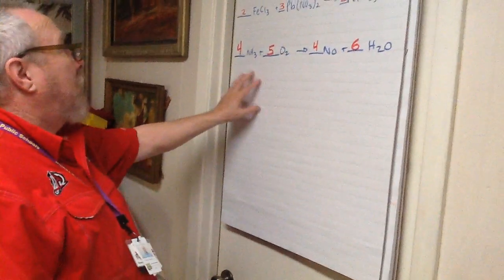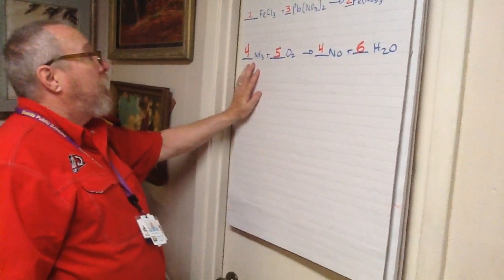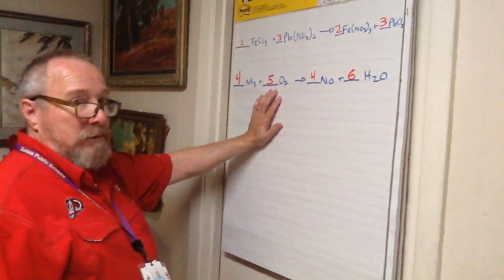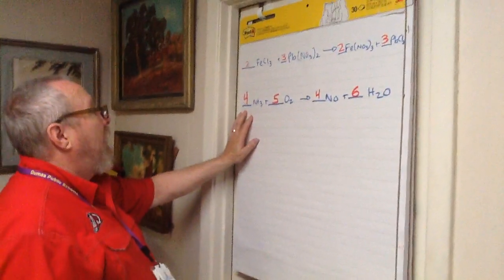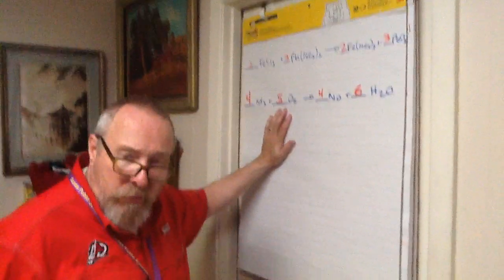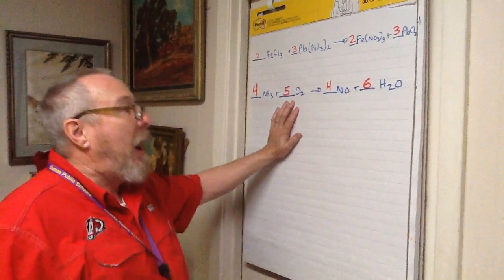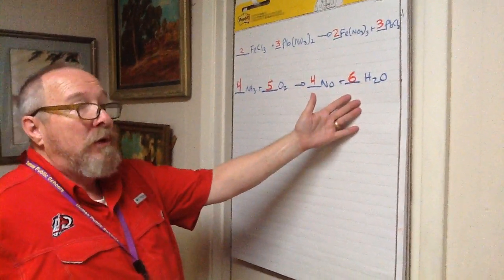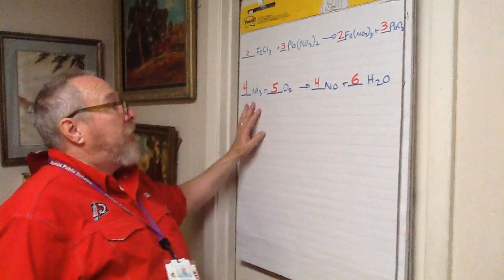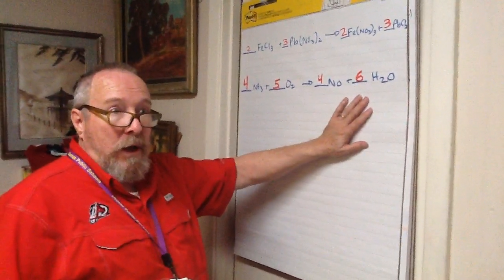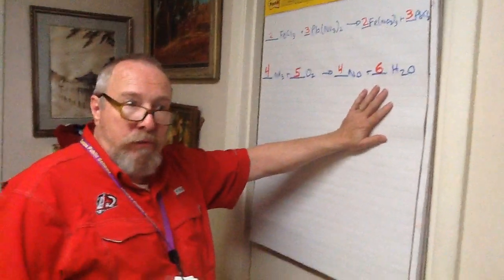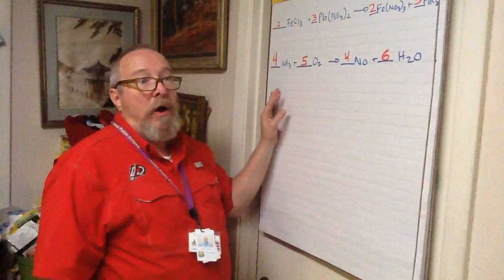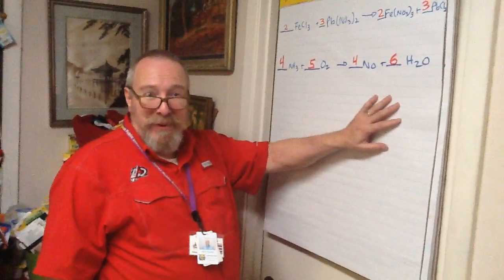So like I say, next time, what would happen if I added more ammonia? If I had 5 moles of ammonia reacting with 5 moles of oxygen? But what would happen if I had 5 moles of ammonia and only 4 moles of oxygen? And how much product would I make? You may not care on a reaction like this, but if it's making an important product for some other use or for sale, then our ratios become more and more important to us.